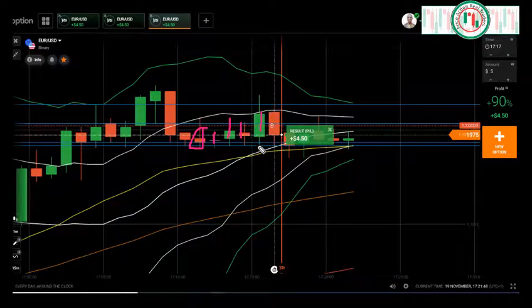Then after this strong candle breaks out of this level, anytime you see a strong candle break out of a strong level, you should expect a retracement. The market will not go more up, especially if you see too many weak rejections.